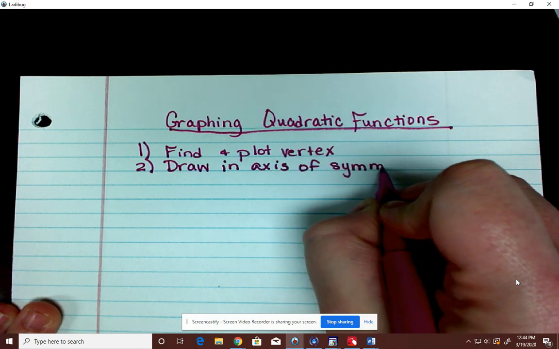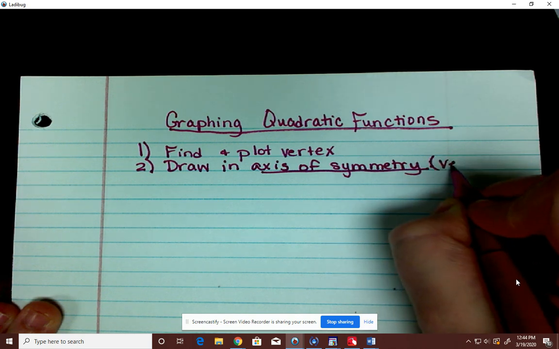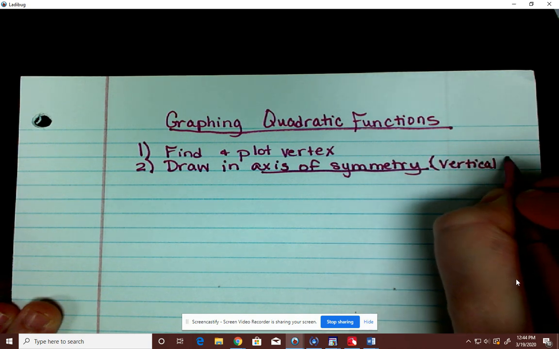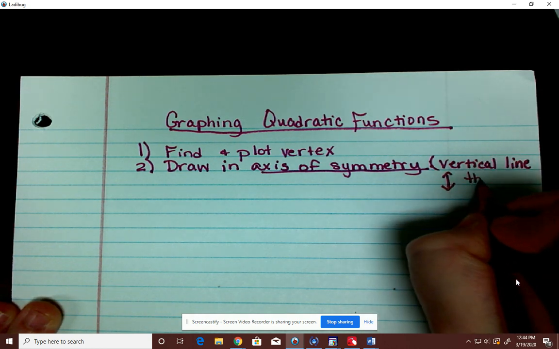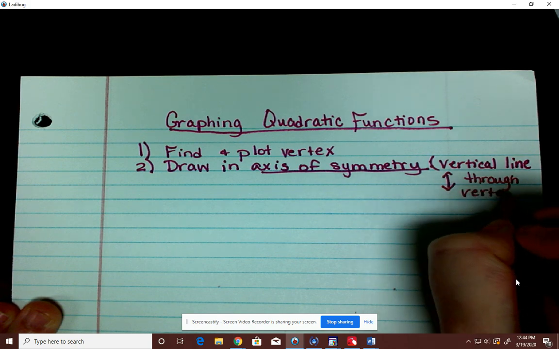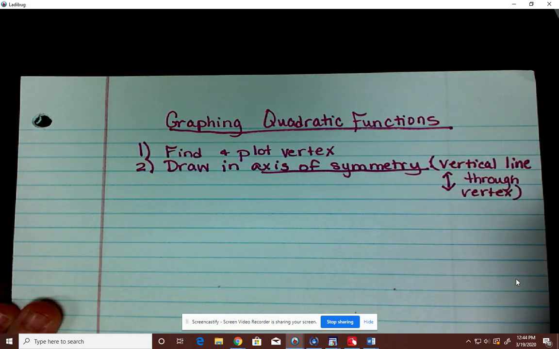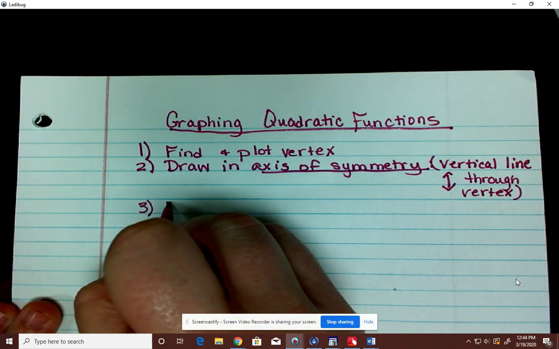So what that is, that's just a vertical line through the vertex. And that's going to help us find extra points on our graph. And I'll show you as we go through that.